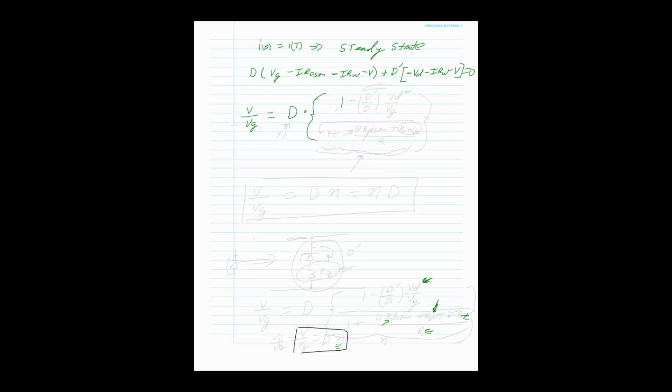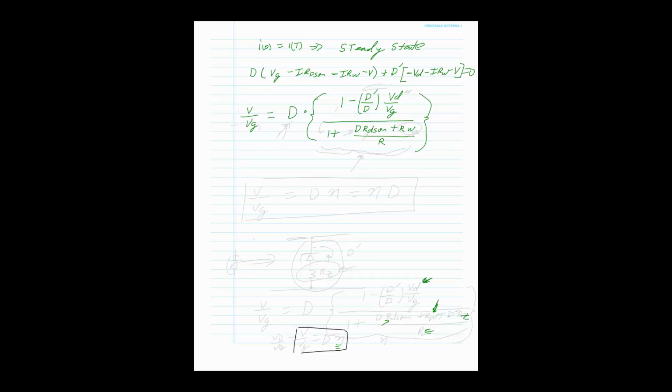When you solve it, again, the details are all in my book, D prime over D, sorry, VD, the diode voltage, over V sub G, divided by 1 plus D RDS on plus RW over R. And this is what this expression is going to be.